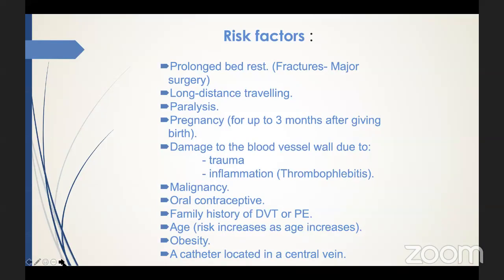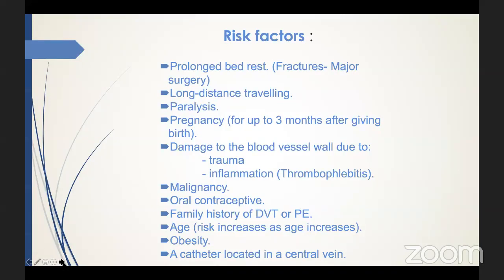Paralyzed people. Pregnancy is quite associated with DVT, particularly during pregnancy and up to 3 months after giving birth. Damage within the vessels in the venous system, either by trauma, RTAs, whatever, and then thrombophlebitis, which is the inflammation within the superficial venous system in particular, but it can occur within the deep system as well.